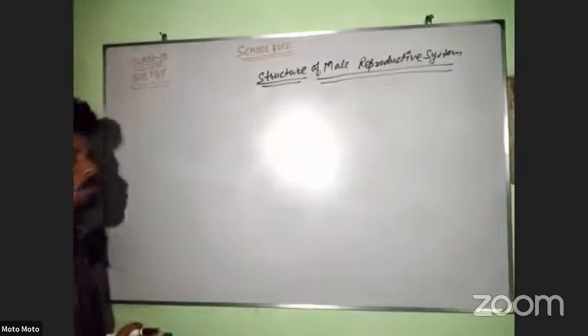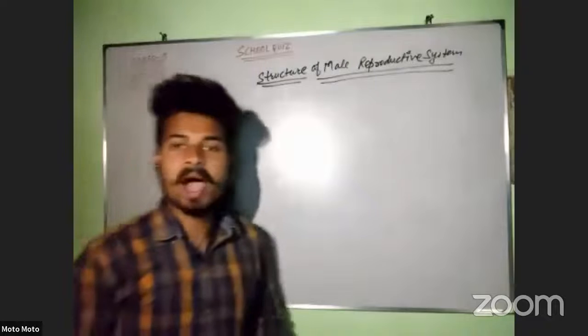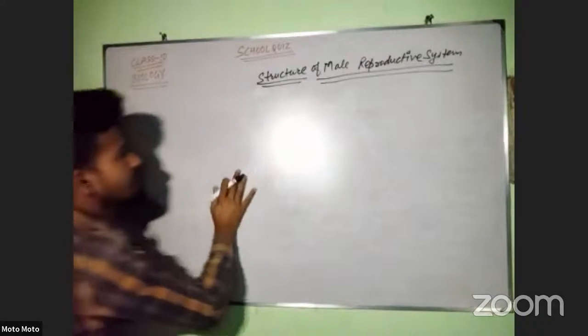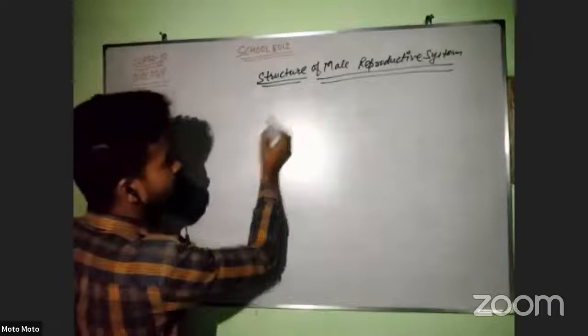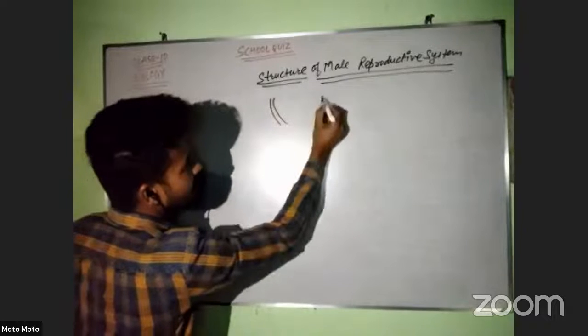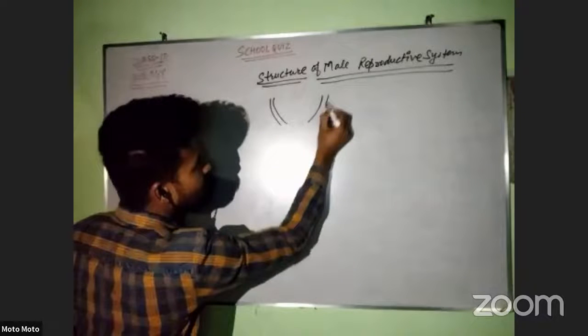Please see the board, because this question is asked in the CBSE examination, and you can check it in the previous year questions. We will start with the ureter, which is basically two ducts.